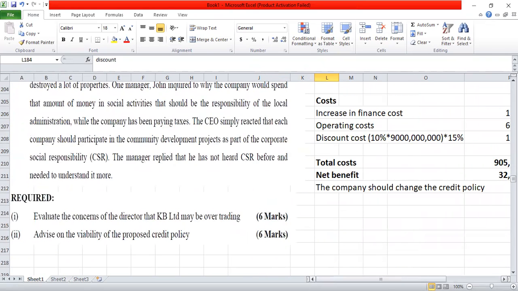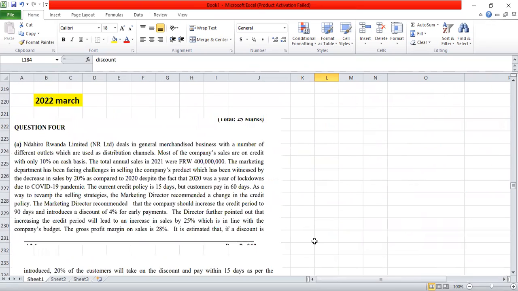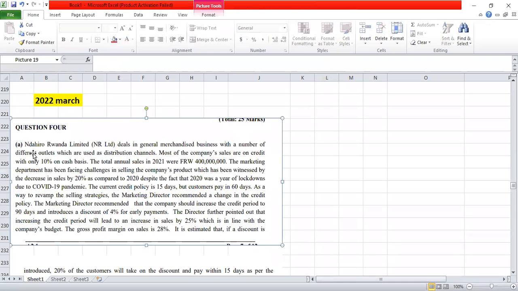Can you look at this one? Probably it's going to help us to understand more this part. Ndahiro Rwanda Limited deals in general merchandise business with a number of different outlets which are used as distribution channels. Most of the company sales are on credit with only 10% on cash basis.